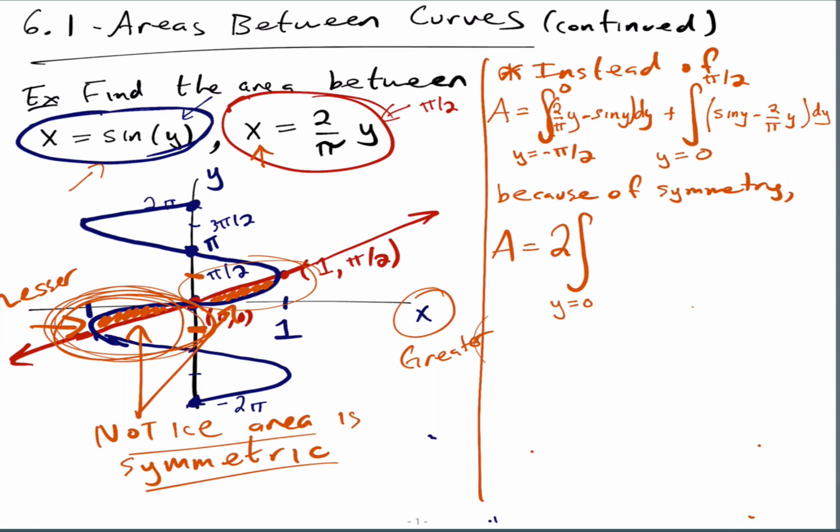I would say from 0 to pi over 2 is probably a little bit nicer. So if I'm going from 0 to pi over 2, what would that be? That would be sine of y minus 2 over pi y dy. Does that make sense? Yeah? So anytime you can use symmetry to your advantage, you should, for sure.